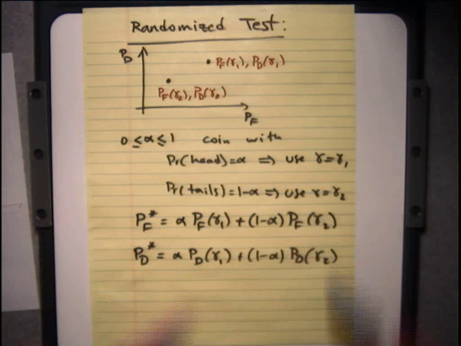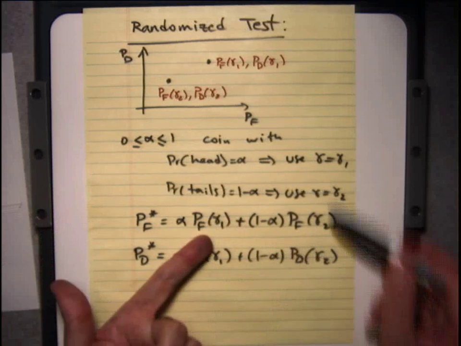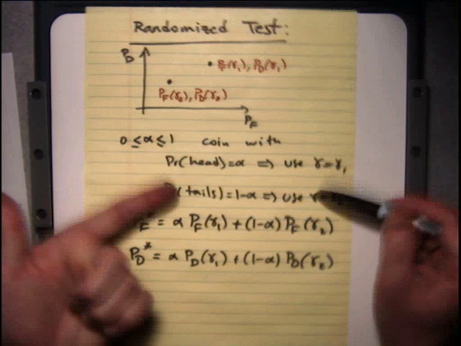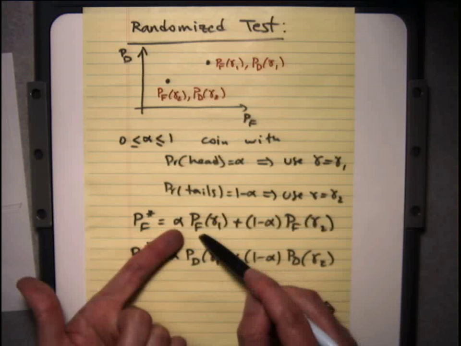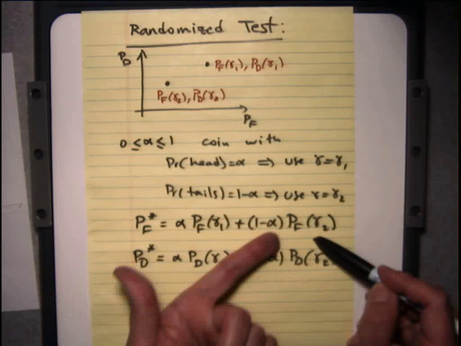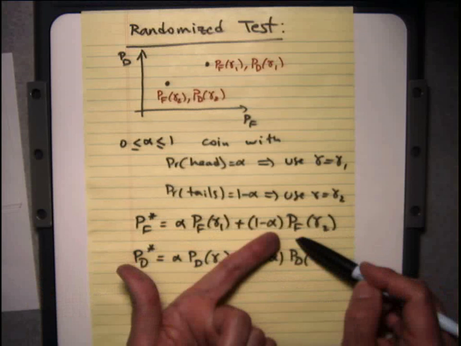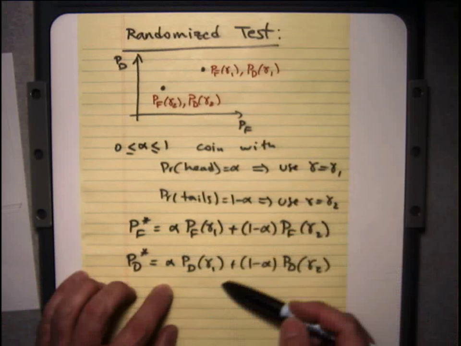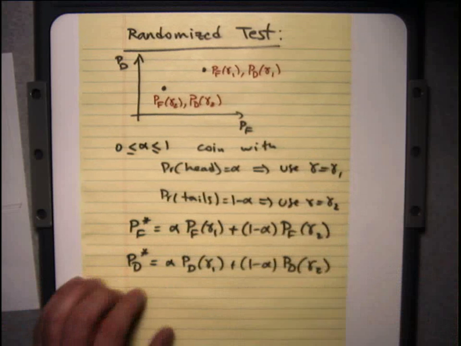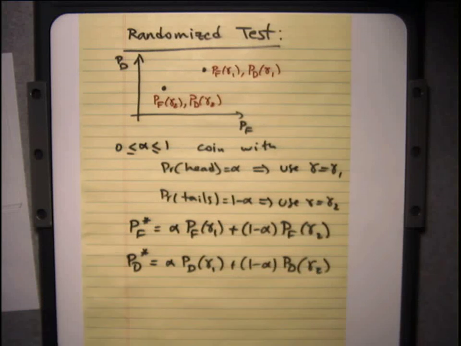The reason why this happens is because I am randomly choosing between these points. And so with probability alpha, I'm going to get this false alarm. With probability 1 minus alpha, I'm going to get this false alarm. So the false alarm effectively is going to be the weighted average of these two. And same is true for the probability of detection. Okay, now what does this mean?